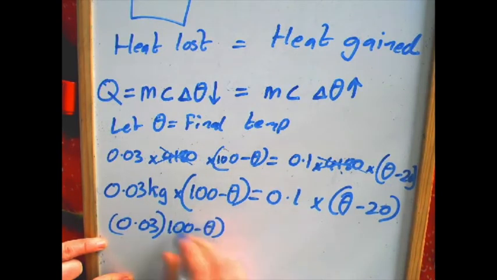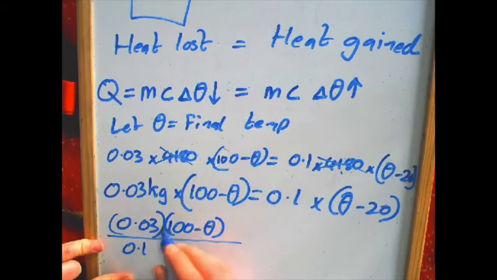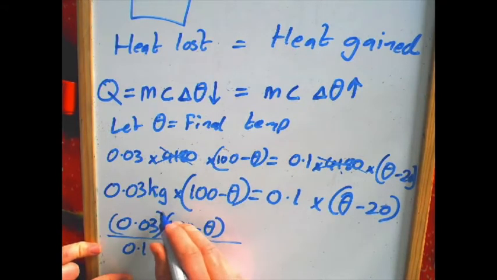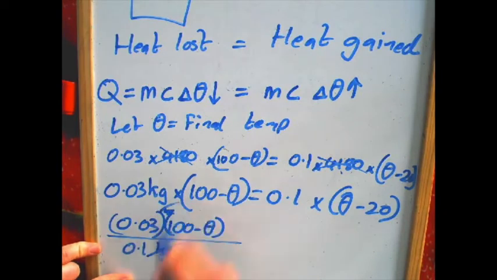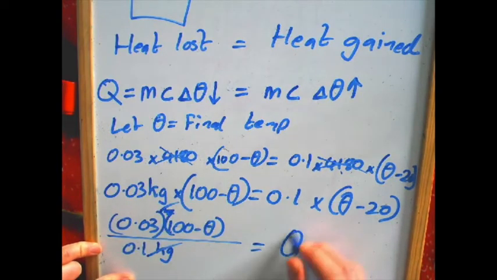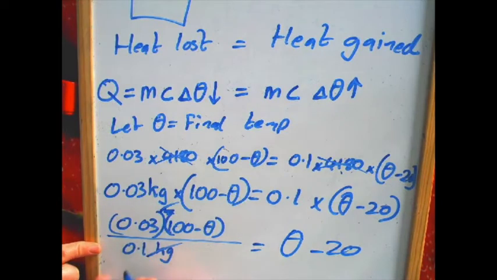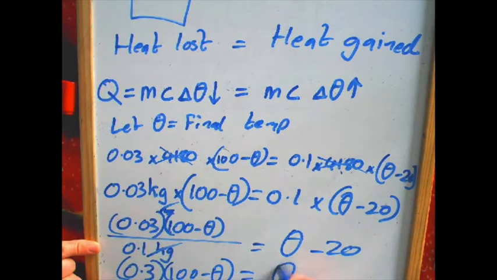By the way, there's many different ways you can figure this out at the end, so if your way is more elegant than mine, you go for it, you do you. But what I'm going to do is get rid of this 0.1, and bring it across. So I'm going to say 0.03 times 100 minus theta, ignoring units for a moment, divided by 0.1. Actually, let's put the units back in. 0.03 kg divided by 0.1 kg. Cancels. Is equal to theta minus 20.